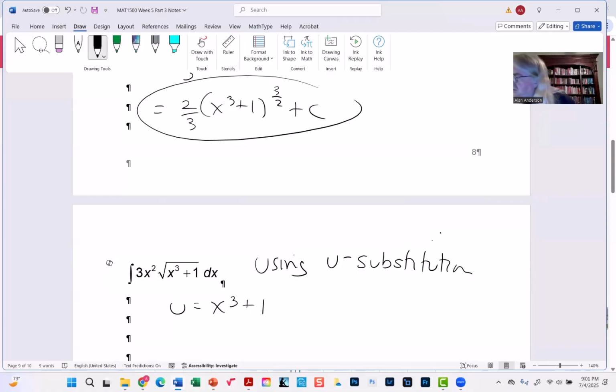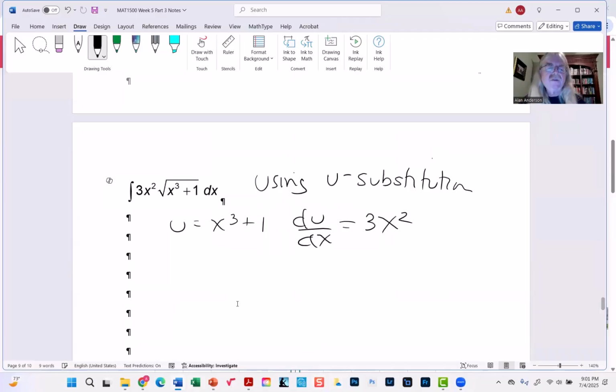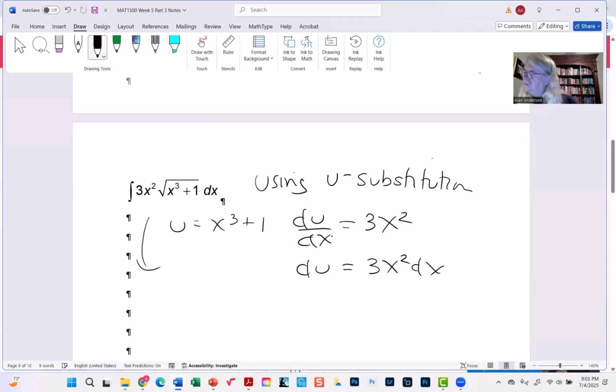So then du dx is 3x squared, which is the same thing as saying that du equals 3x squared dx. So all this becomes radical u du. Okay, even though they're a little bit out of order, it is radical u du.